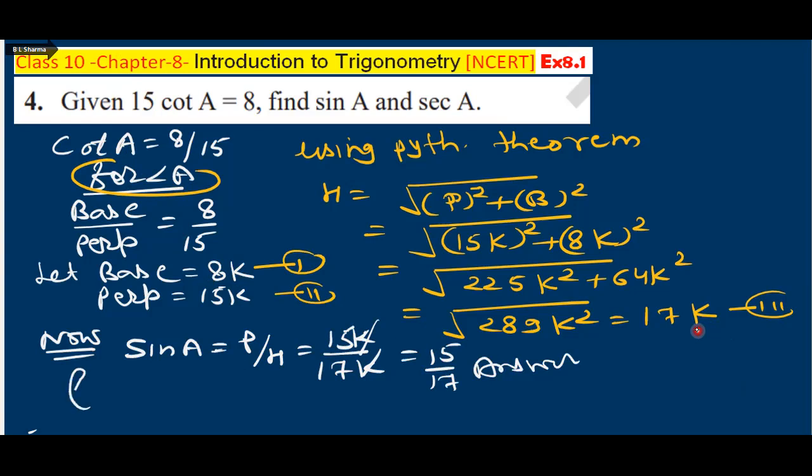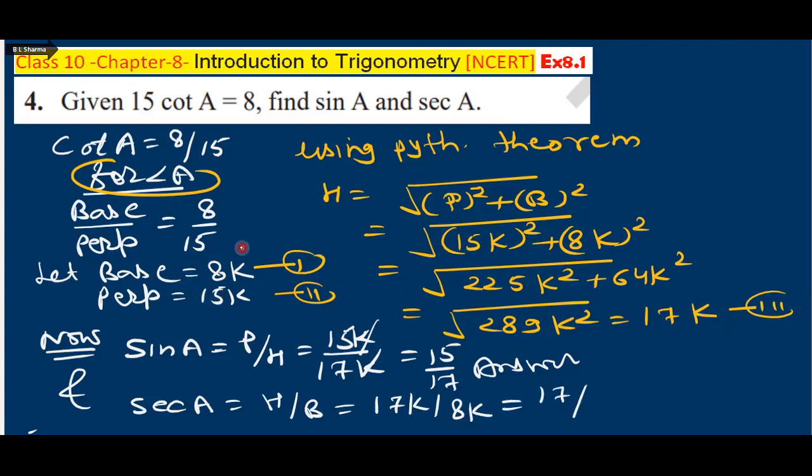And the second value is sec A. Sec A is hypotenuse upon base. Hypotenuse is 17k and base is 8k. So 17k upon 8k, k and k cancel.